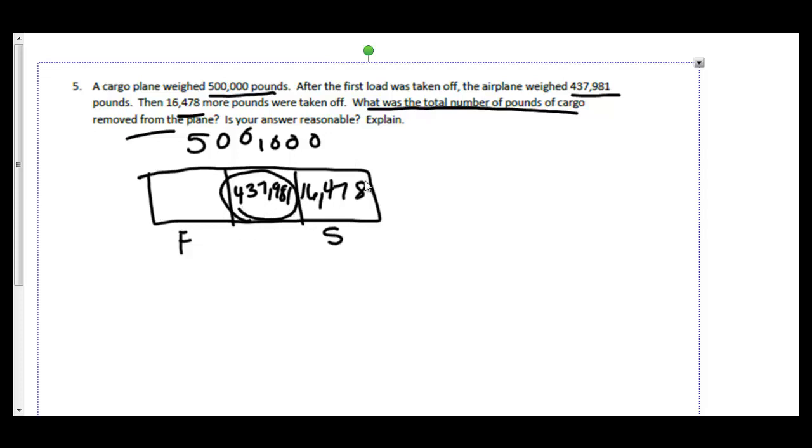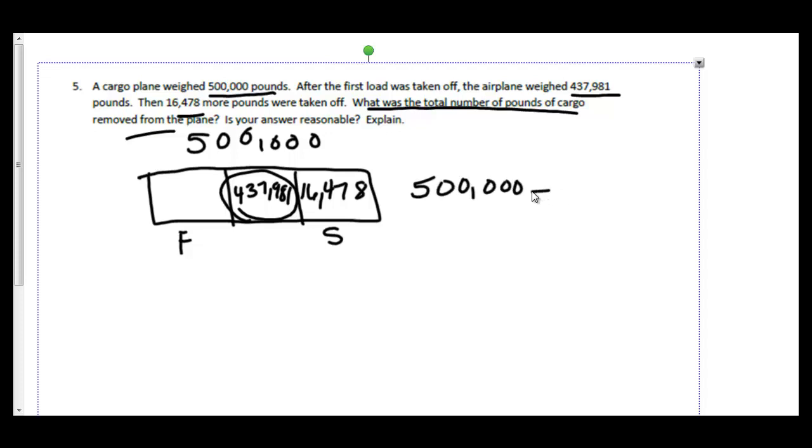So I'm going to estimate. I have 100,000s and I have 10,000s. Now, if I round these to the 100,000, my number is going to get really inaccurate. So I'm going to round to the 10,000s. So I've got 437,000. So I'm thinking to myself, okay, 430,000 and 440,000. This is close to 440,000. So I've got 500,000.